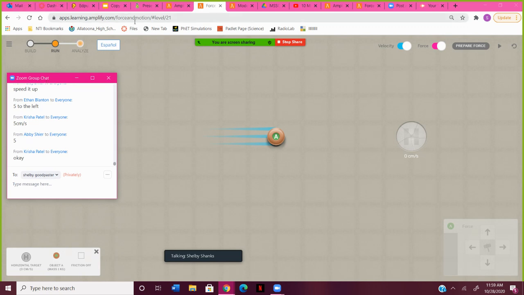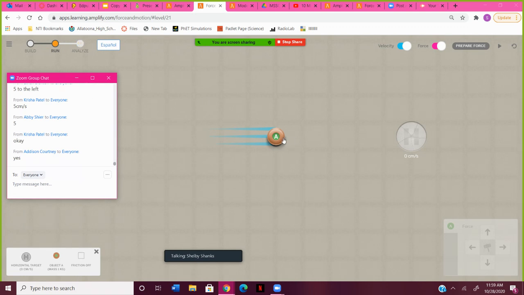So what do you think happens if I press it 5 times to the left when it's right here? Do you think it's going to stop right here in this position? Okay, Addison's saying yes. Anybody else?